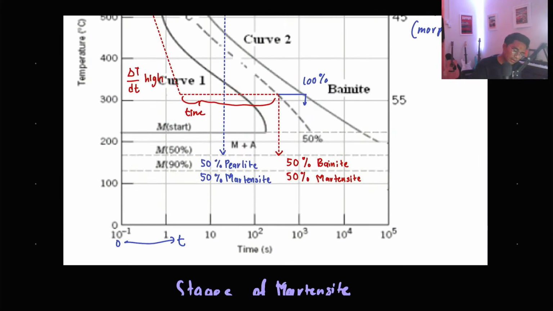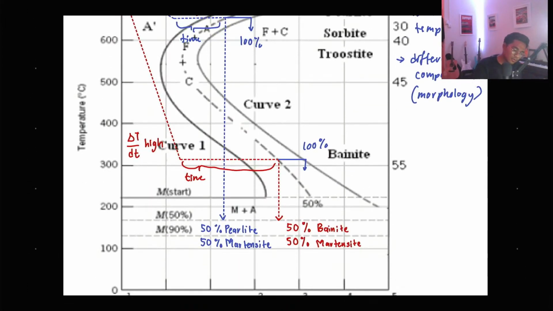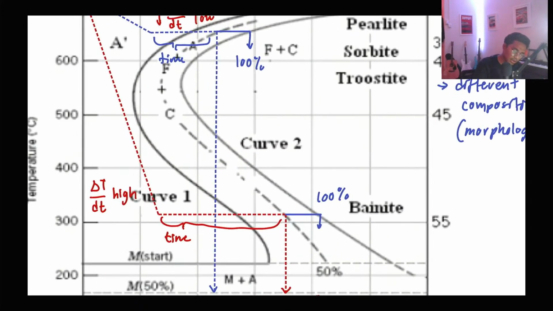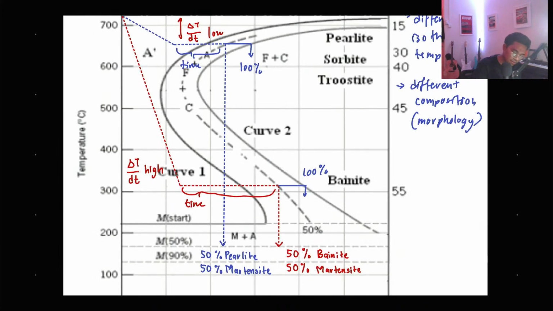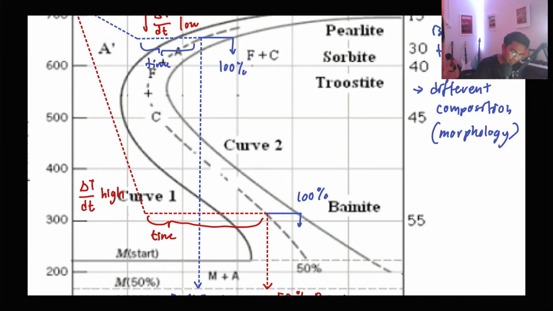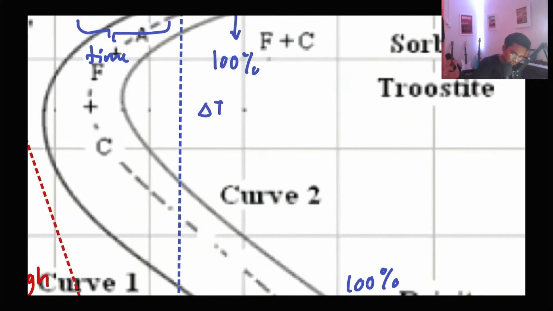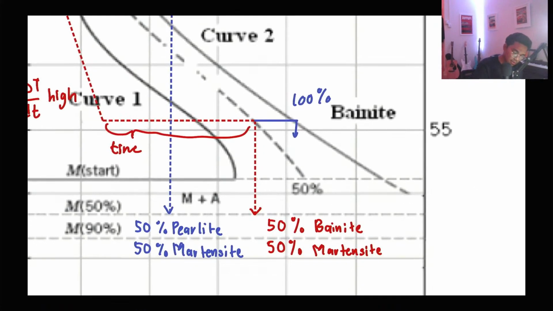Why do you have martensite? Because you cool it rapidly, from here to here. This is a very big gap, a very big delta T. Delta T here and also delta T here will generate martensite.